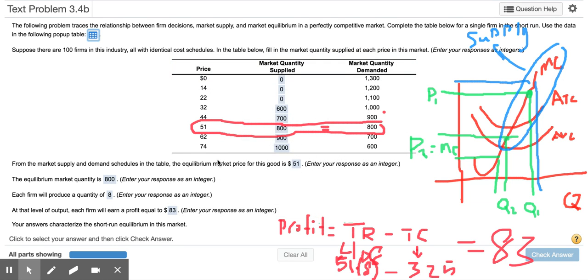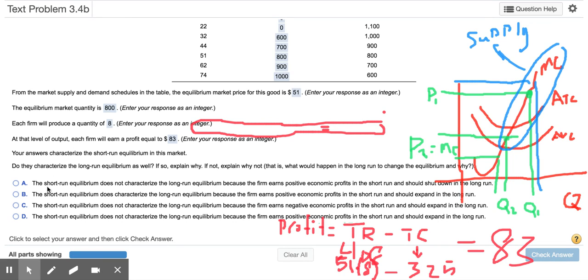So let's see what option fits this description. So A: the short run equilibrium doesn't characterize the long run because the firm earns positive profit in the short run and should shut down. If the company makes a positive profit, it shouldn't shut down in the first place. So it's not A. B, the short run equilibrium doesn't characterize the long run because the firm earns positive economic profit in the short run and should expand in the long run.